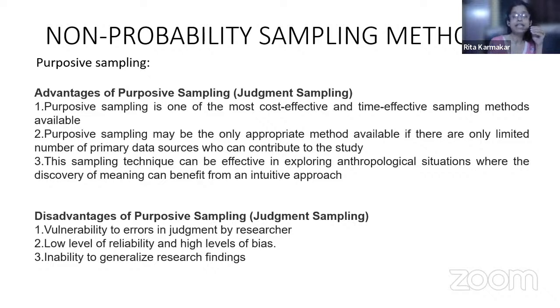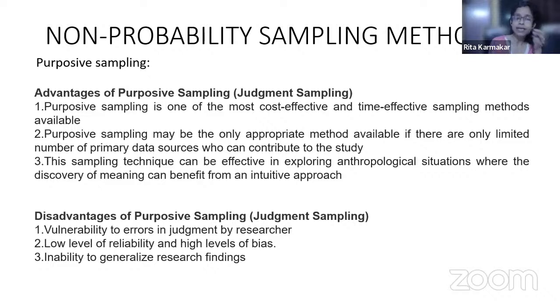It is mostly effective in anthropological situations where discovery comes from a certain intuitive approach, with a few people having common characteristics, people falling in the same category with similar characteristics. So purposive sampling is very effective.